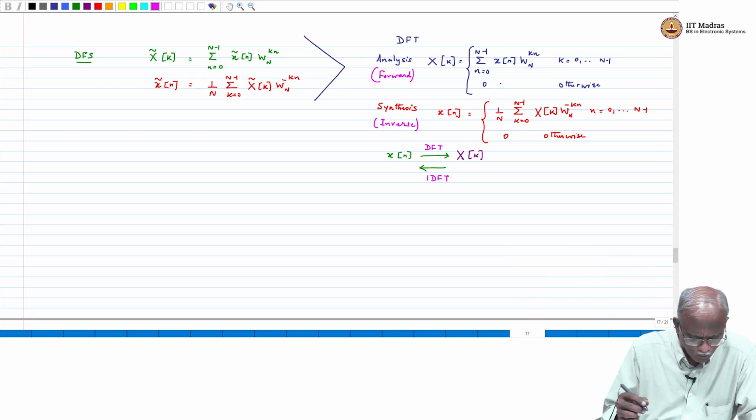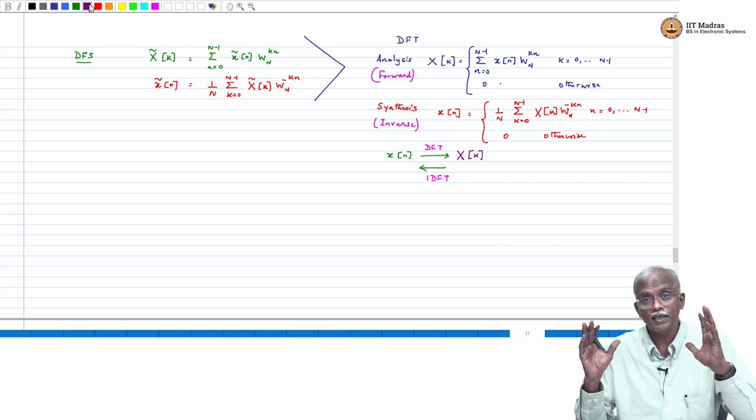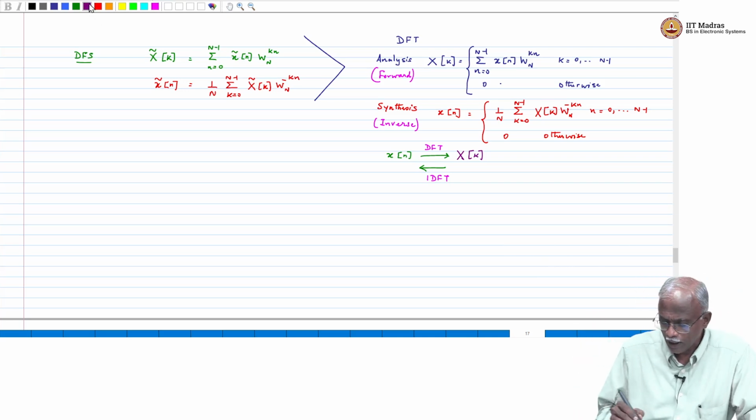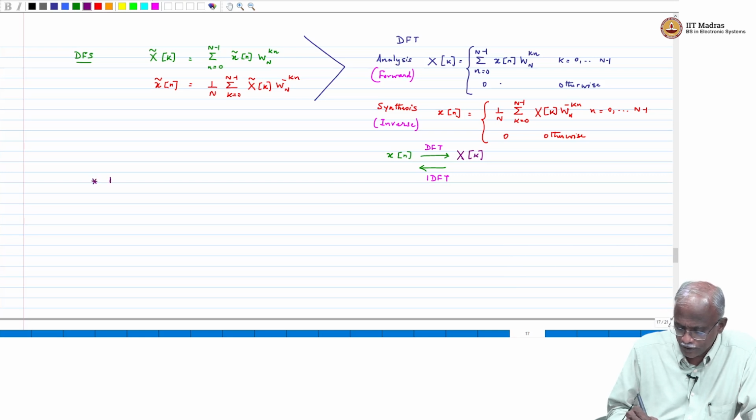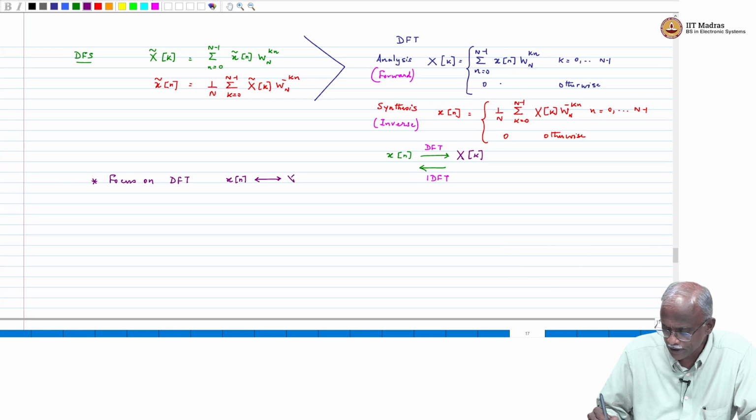So here is the thought process that we want to have. Our focus is on the DFT. I have a finite length sequence, and I represent it in terms of the DFT, which is also a finite length sequence X of k.